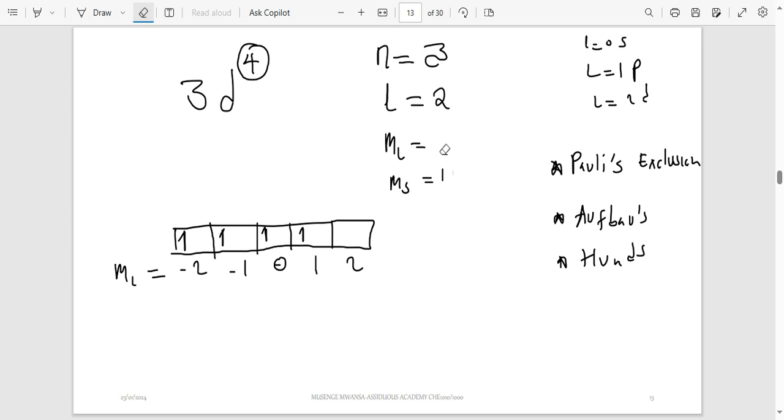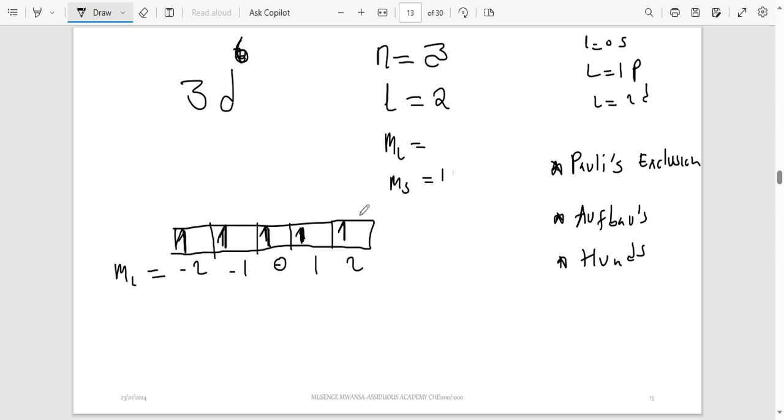Okay, let me change. Imagine on top here we didn't have 4. Imagine we had 7. Okay, let me say we had 6. So fill the 6 electrons, but you first fill each orbital with 1, and the electrons should all be pointing up. So the first one here, second, third, fourth, 5.